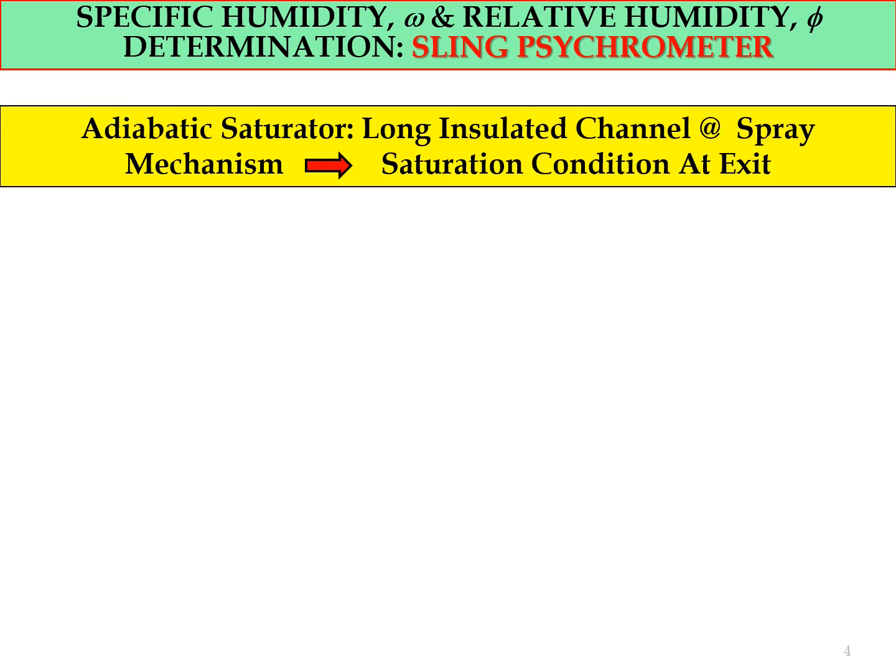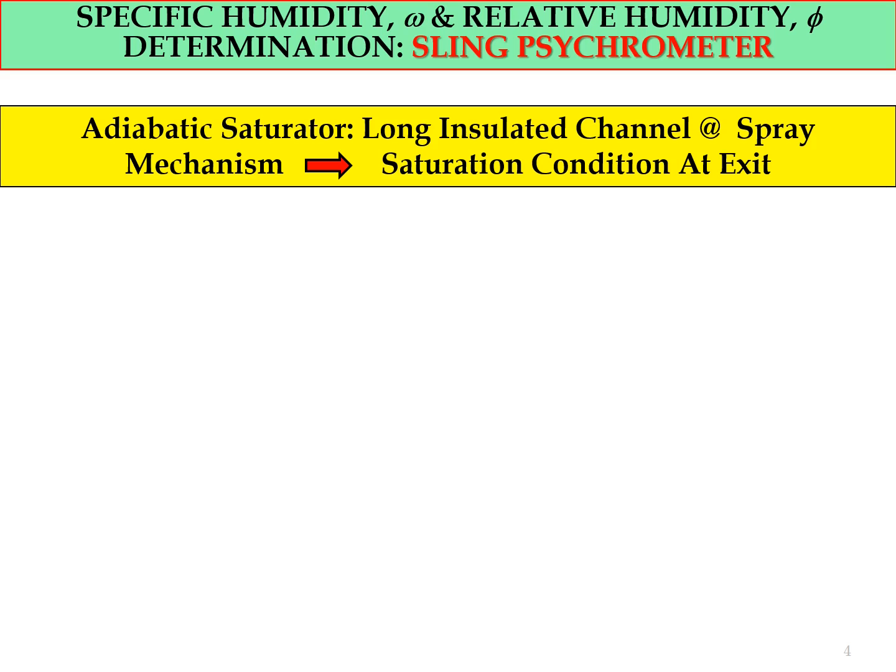Okay, so in order to determine the specific humidity and also relative humidity, the device that can be used is called the sling psychrometer. As we know, for the adiabatic saturation process, the device is called the adiabatic saturator.